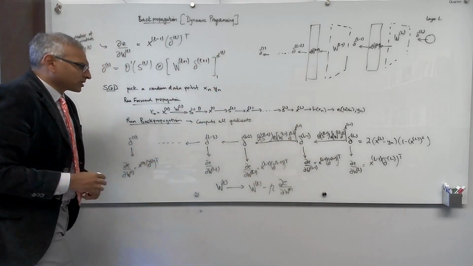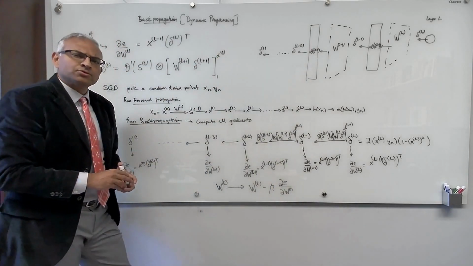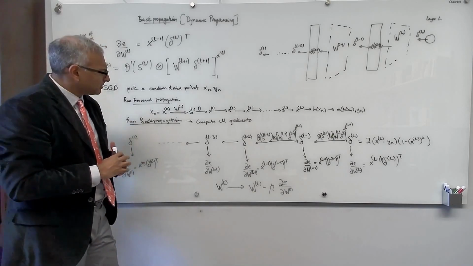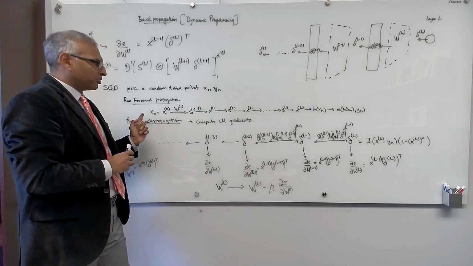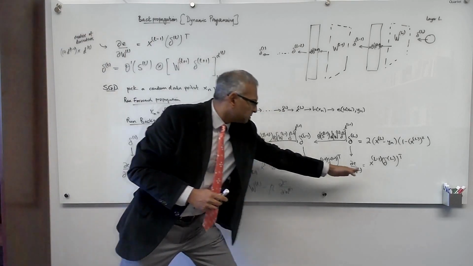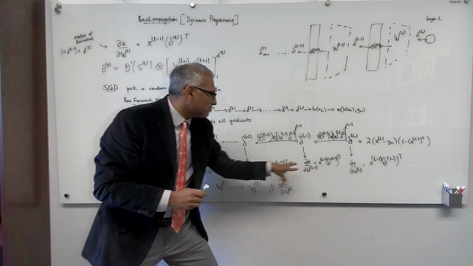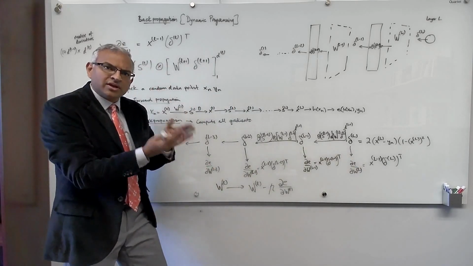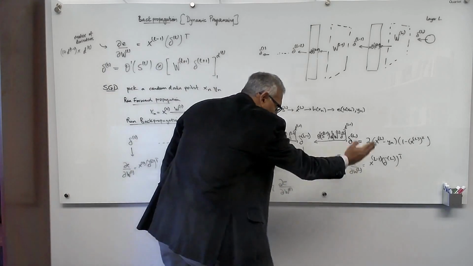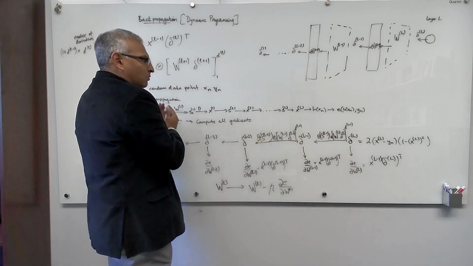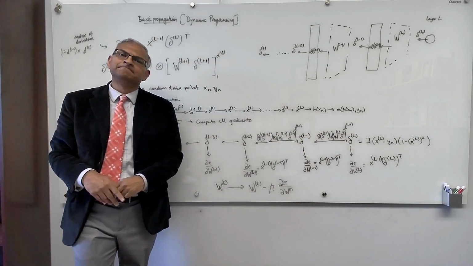Now, if instead of stochastic gradient descent, you wanted to do the batch version, the full gradient descent, well, in that case, you need to first, for each data point, do the forward and backward and compute the gradients and then store the sum of these gradients, because the gradient of the sum of these errors is the sum of the gradients. So you store the sum of the gradients and then do one update once you've processed all data points once.